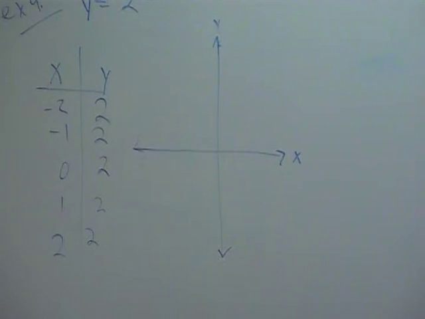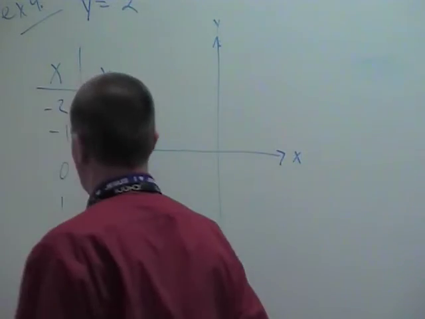When you just have a variable by itself, like y equals 2, or y equals negative 1, or y equals 0, there's no x in it. Then no matter what value you have for x, the y value is what it says.